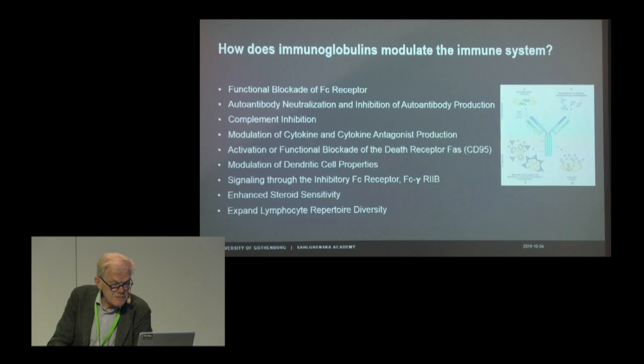So how do immunoglobulins modulate the immune system? If you think of how it can do that, you first have to realize the antibody that you see in the middle. Make it in your imagination look like a lobster. You have two claws.